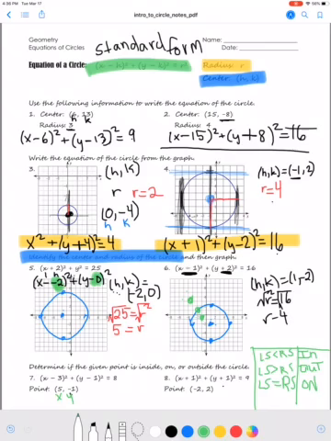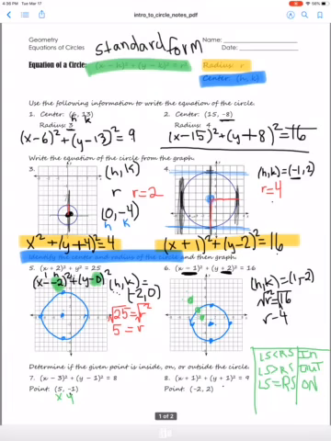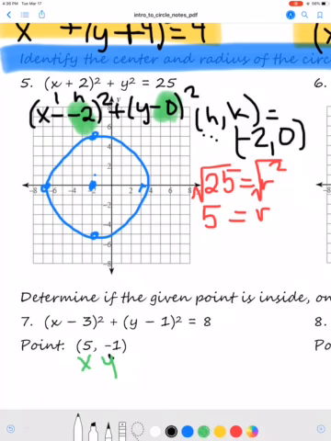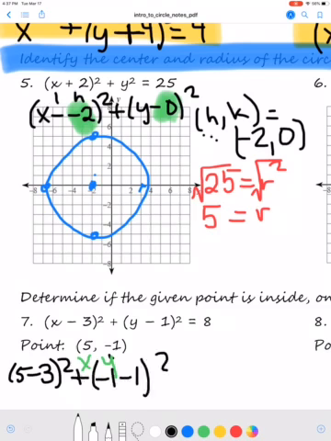So, for instance, number 7, I'm going to plug in my x and my y. I'm going to type that right below. So instead of x, I'm going to put 5 minus 3 squared plus, y is negative 1, negative 1 minus 1 squared equals 8. And evaluate.